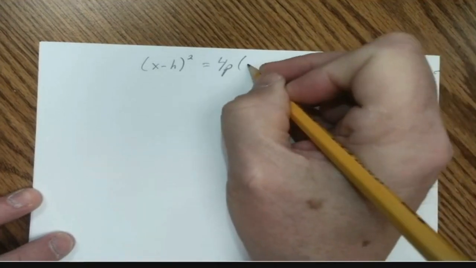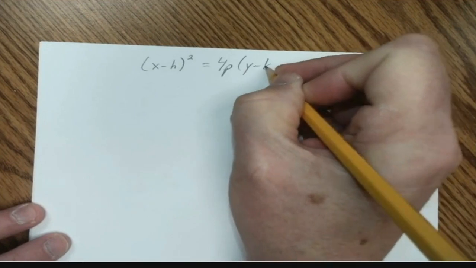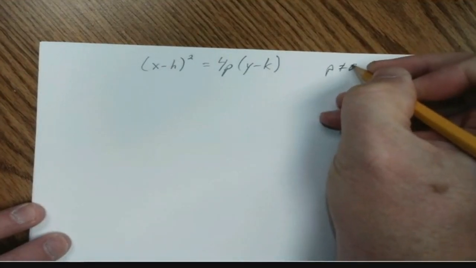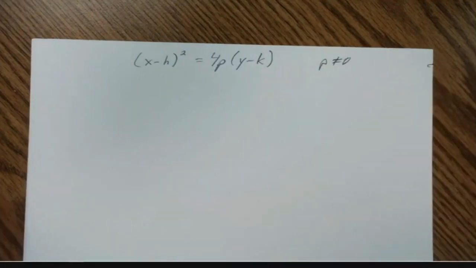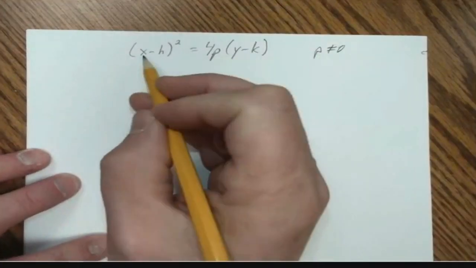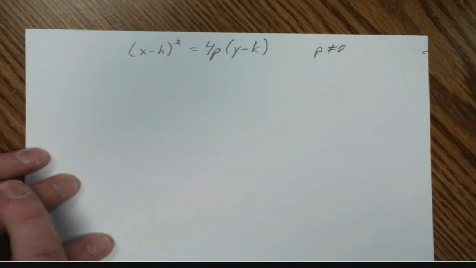We haven't seen a p in these equations. We've seen h and k. And p cannot be 0. Okay, that doesn't look like the equations we usually see, right? We usually just see an x squared in there. Well, there is an x squared. So that does make it a quadratic equation.